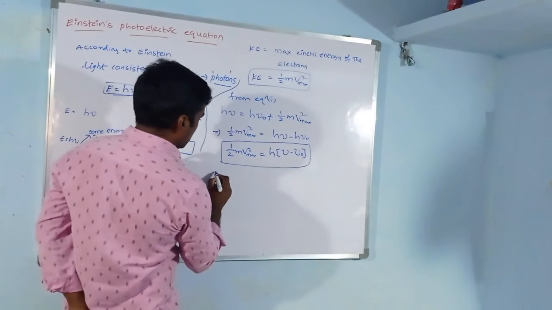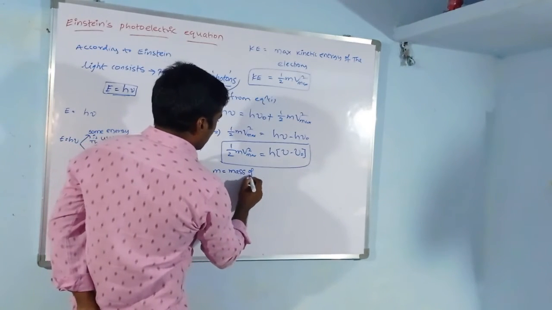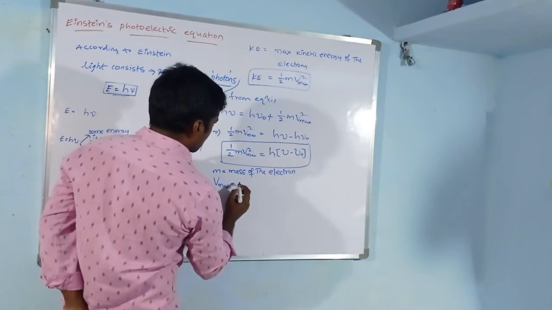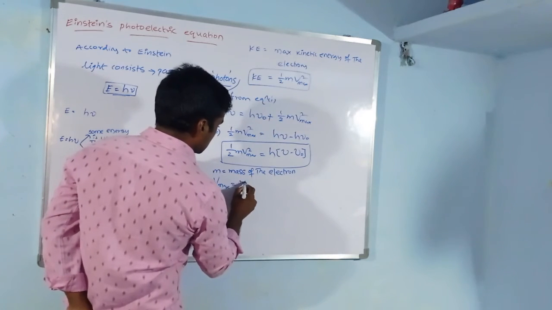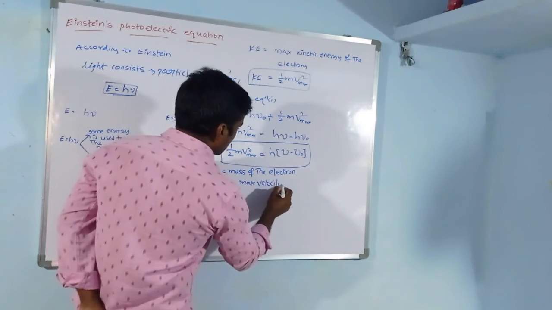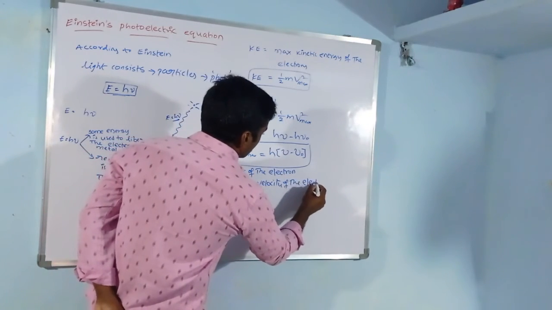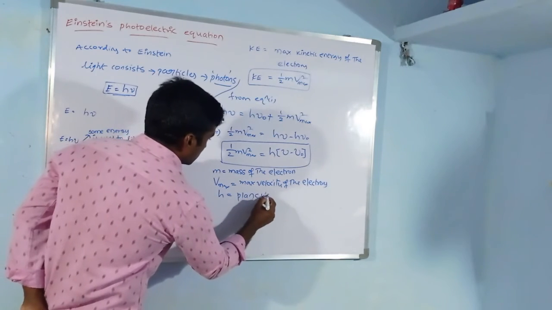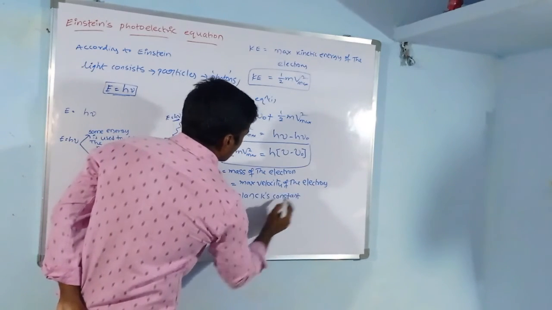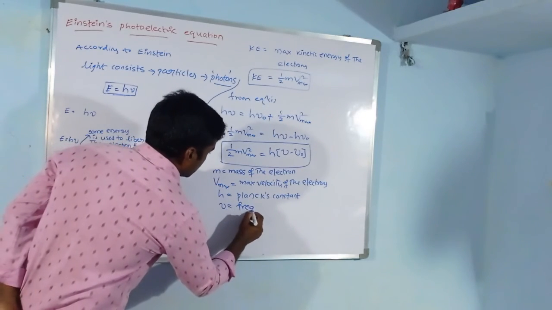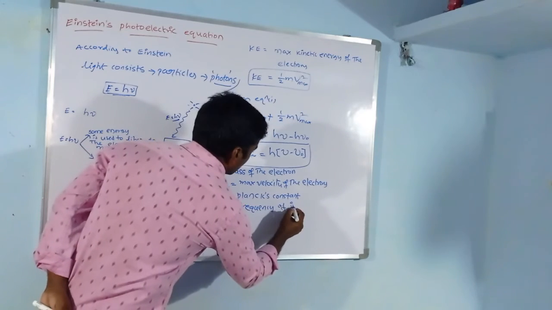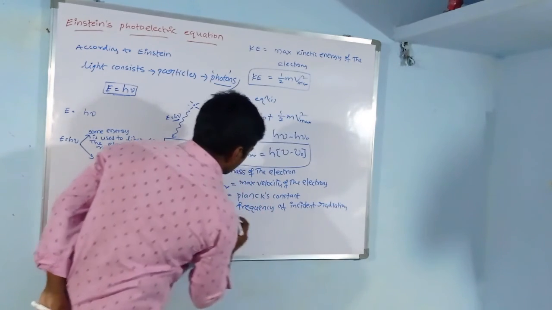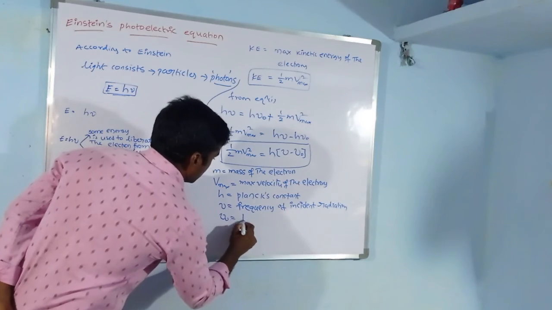In this equation, what is m? m is the mass of the electron. v max is the maximum velocity of the electrons. h is Planck's constant. nu is the frequency of the incident radiation. nu naught is the threshold frequency of the metal surface.